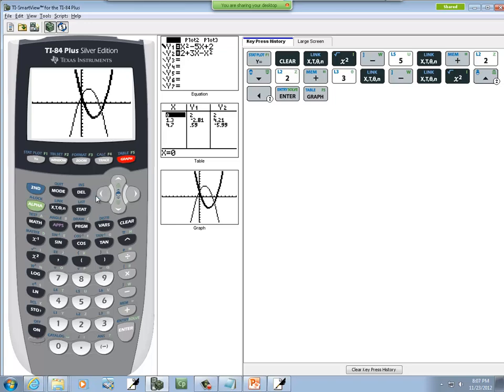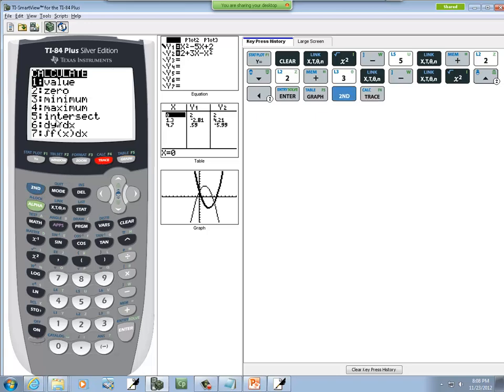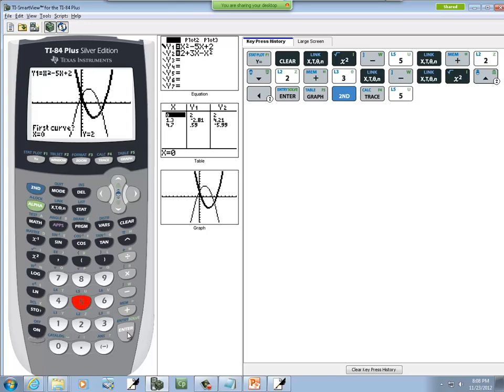You can actually use your calculator to find the points of intersection. If you have one of them on Y1, one of them on Y2, you can do second trace. You can choose intersect, number 5. You can press enter on first curve, enter on second curve, and for your guess, put like 5 in. You're inputting an X value close to where you think the answer is.